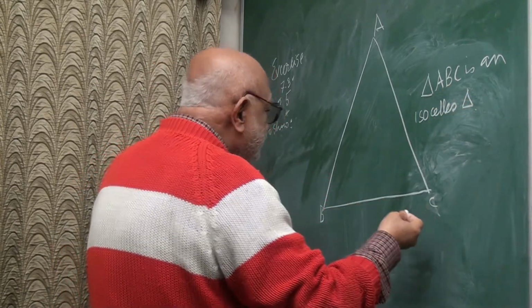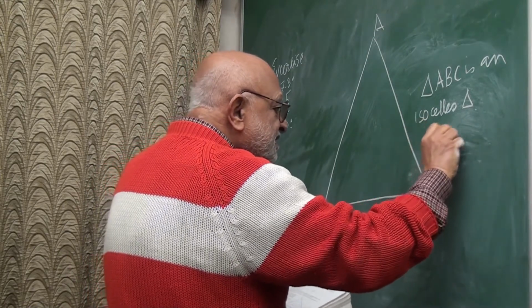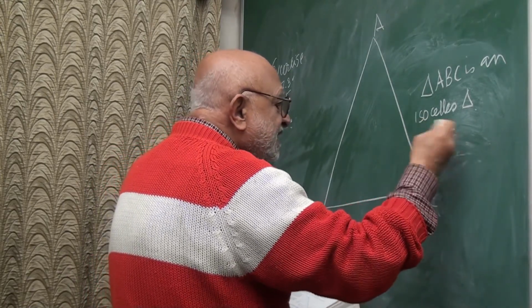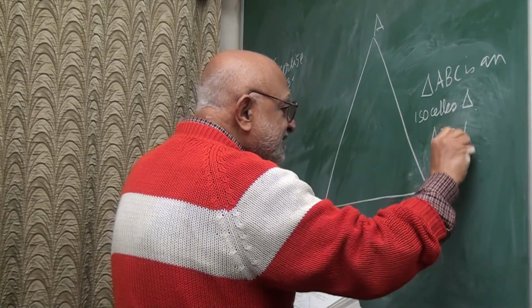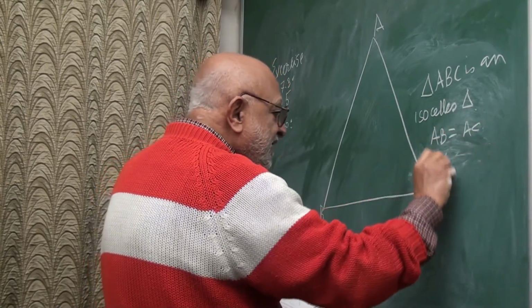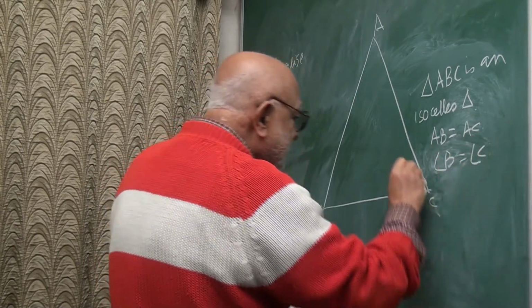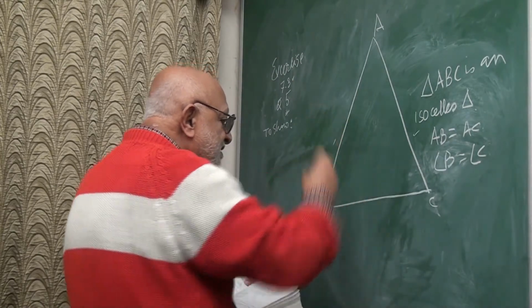So if you say that, then AB equal to AC. Then it's redundant to say again AB equal to AC. And then it is asking to prove angle B equal to angle C. That is already proven if it is already an isosceles triangle.